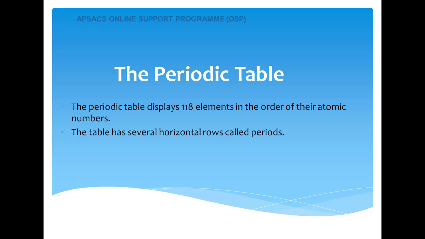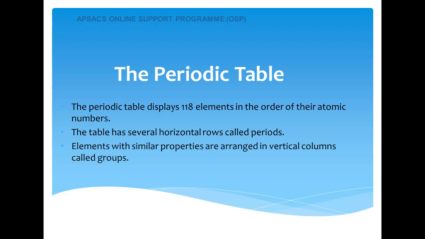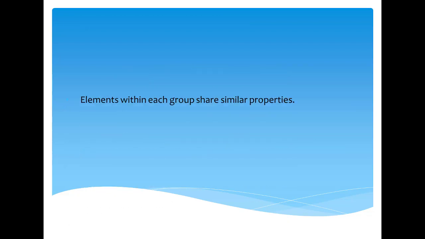The table has several horizontal rows, known as periods. Elements with similar properties are arranged in vertical columns called groups. Hydrogen is outside the main table because it does not fit in any group, and its atomic number and mass number are both 1.